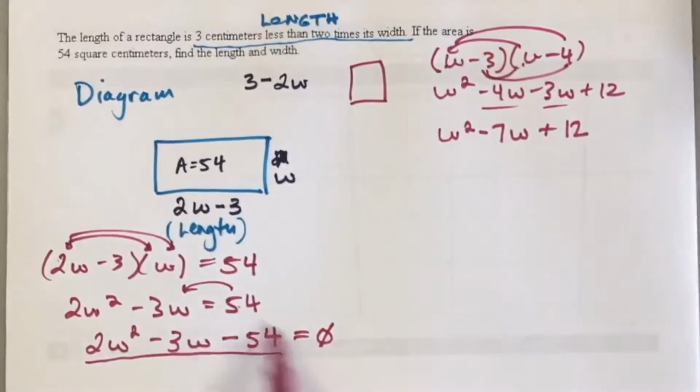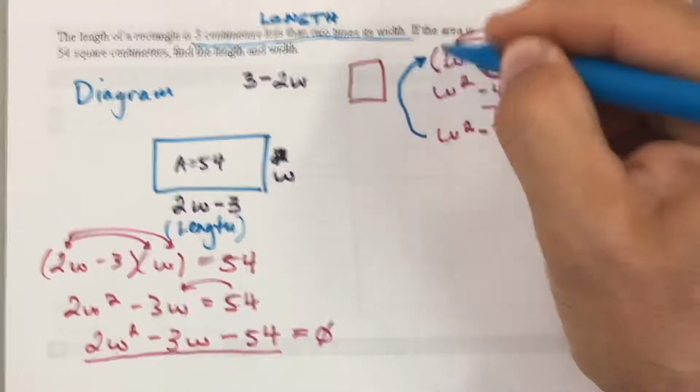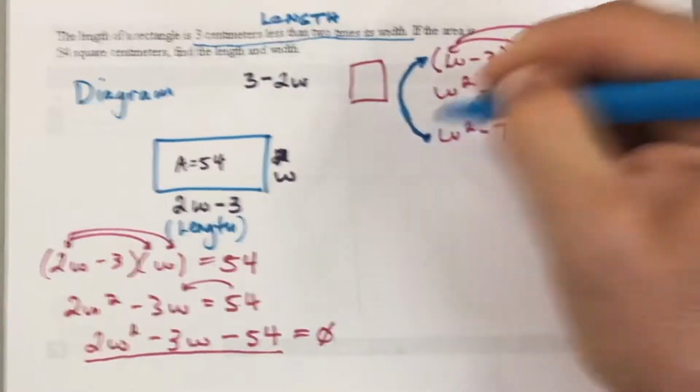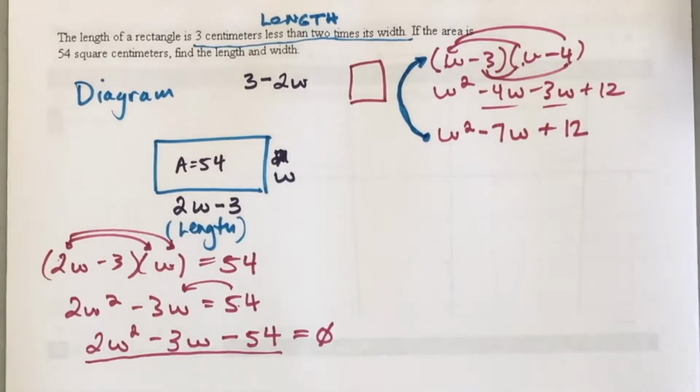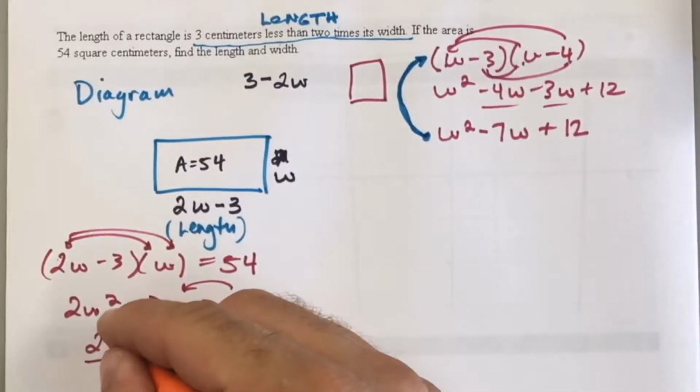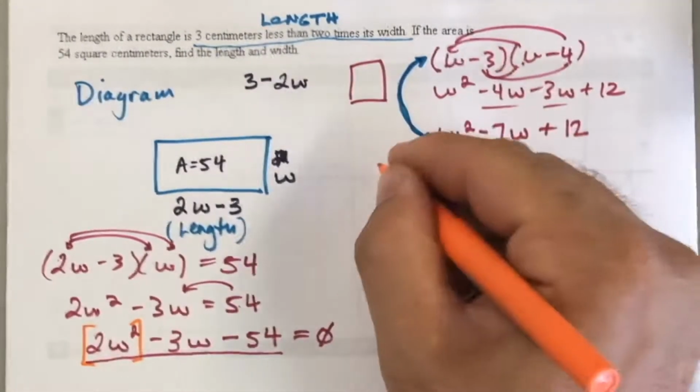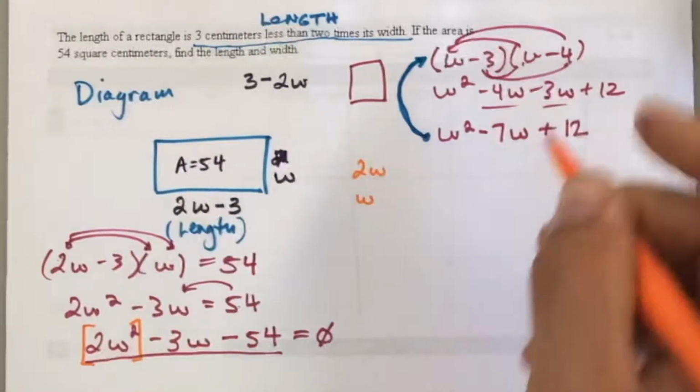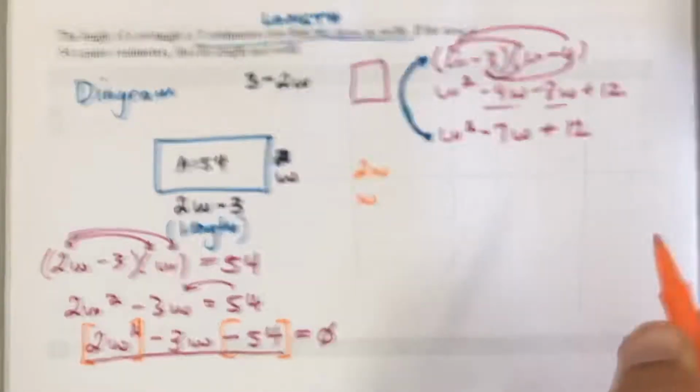Well, we're gonna do the same thing here, but we're gonna work in reverse. We're gonna try to figure out what would need to go in the parentheses in order to give us this. Now, what I do is I take my factors from this first term, 2W and W, and then I take a couple of my factors from this term.